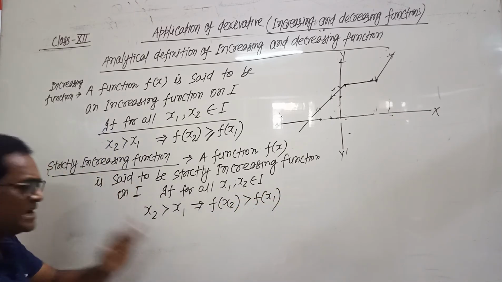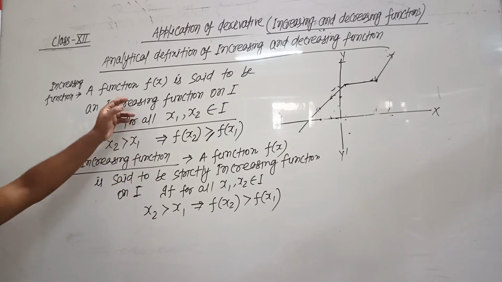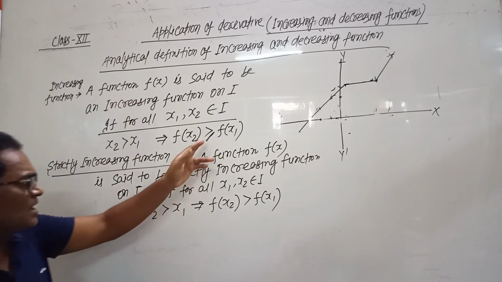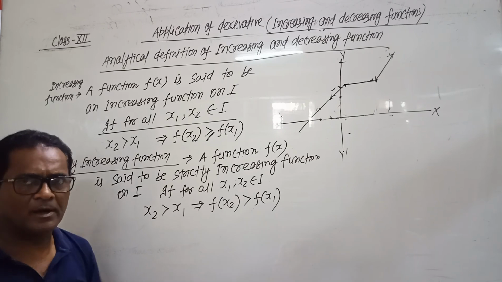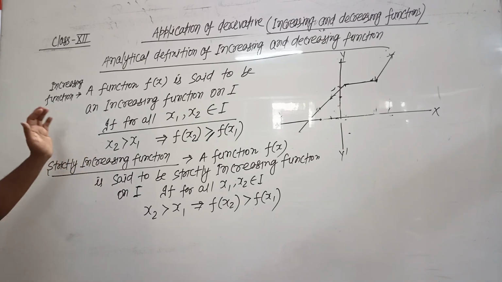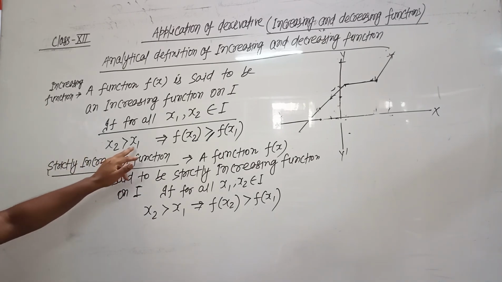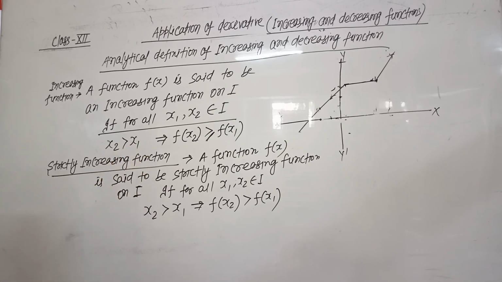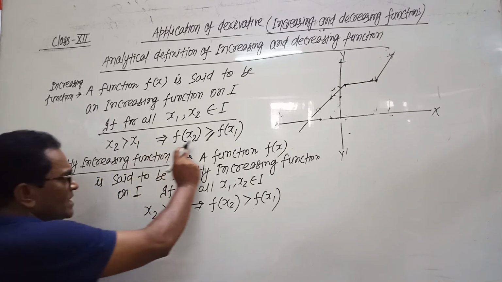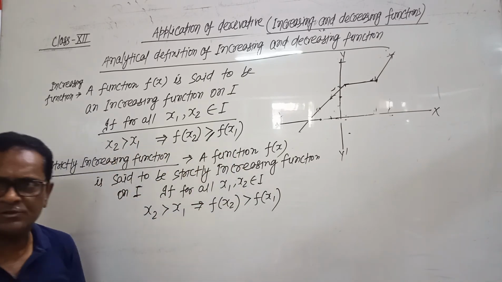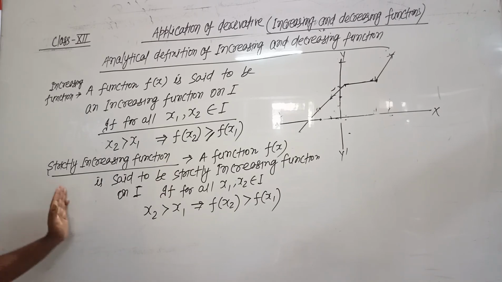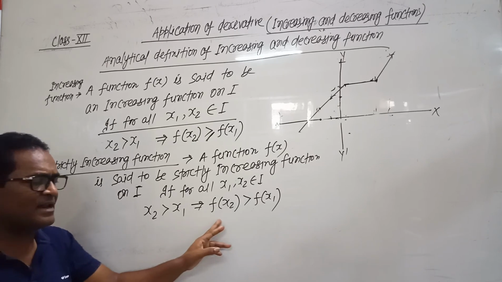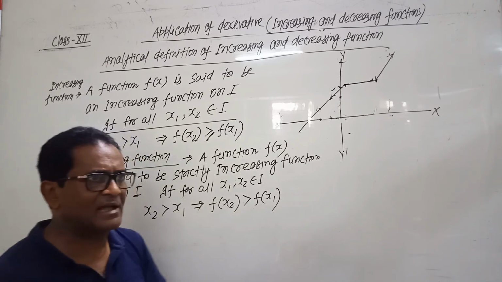So in a strictly increasing function everything is the same, only here the equal to is removed. So in an increasing function we write for x2 greater than x1, f(x2) is greater than or equal to f(x1), and for a strictly increasing function for x2 greater than x1, f(x2) is greater than f(x1).